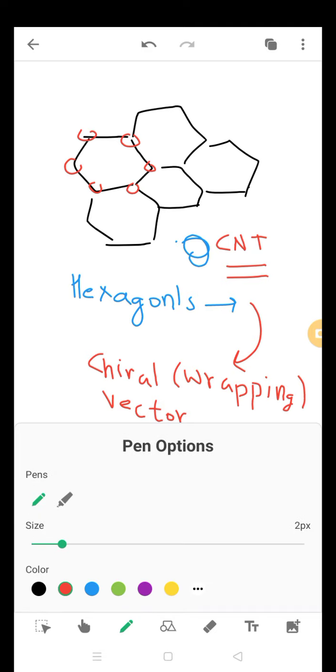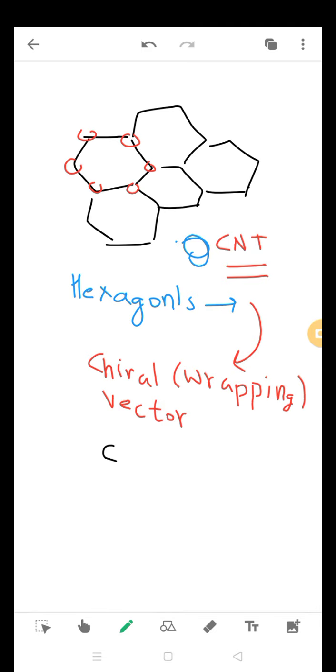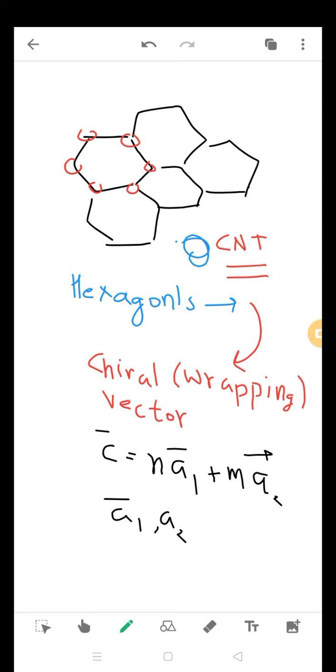And it is denoted by a quantity called C. So C is written as equal to N into A1 plus M into A2. And what are these A1 and A2? A1 and A2 are the basis vectors.